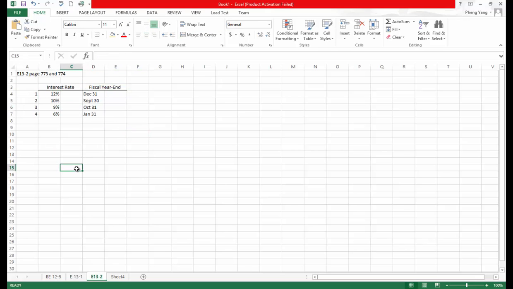Okay. And what it's asking is we're going to determine the interest expense that would be recorded at the fiscal year end for each one. Okay. So for number 1, what they did was they borrowed $400 million worth of notes.